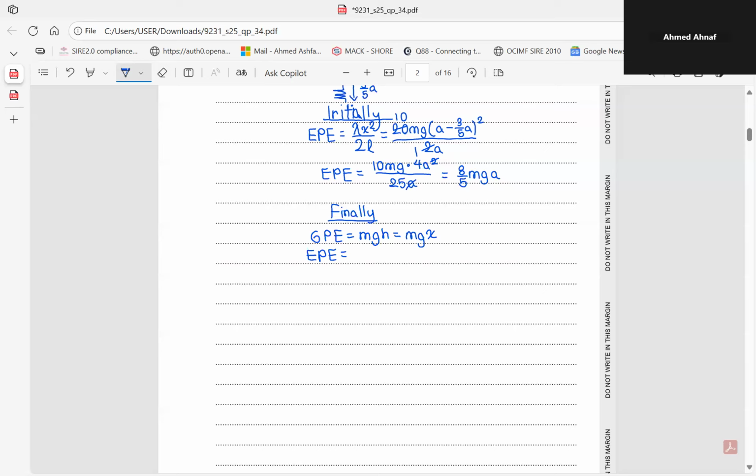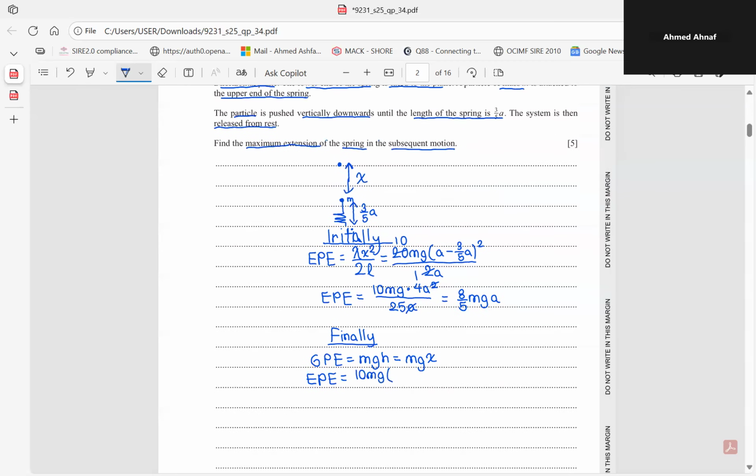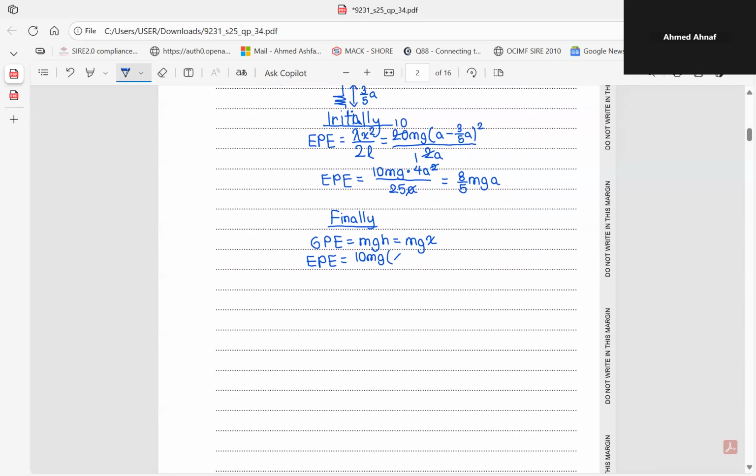So lambda x squared, so lambda is 10 mg, x squared. So here you have to be careful. X squared, x is again the new extension. So for that, you need the total length of the spring, which is x plus 3 over 5a, minus the natural length, because we're finding the extension, not the compression. So this is x plus 3 over 5a minus a, whole thing squared over 2a.